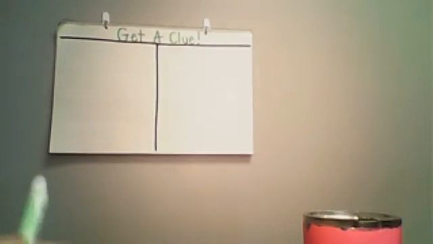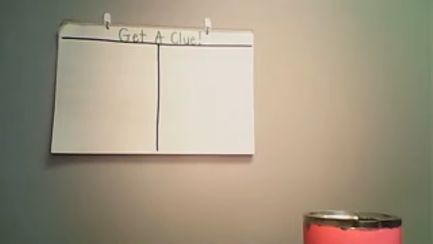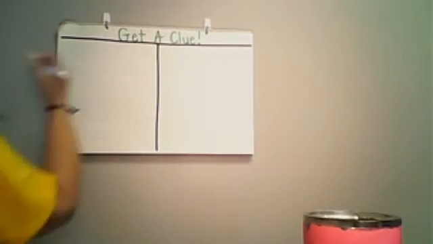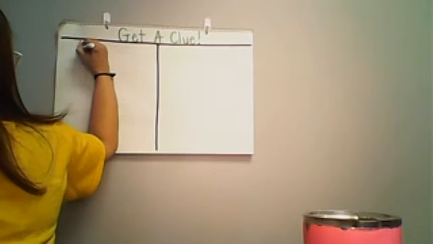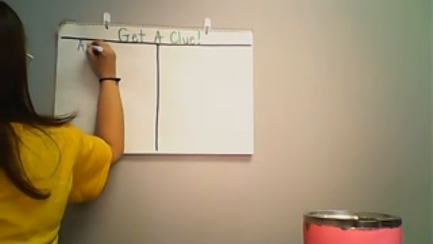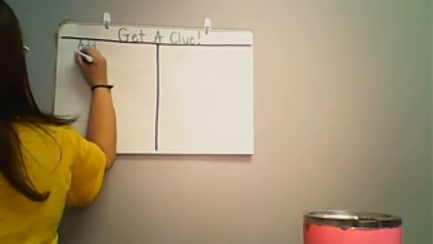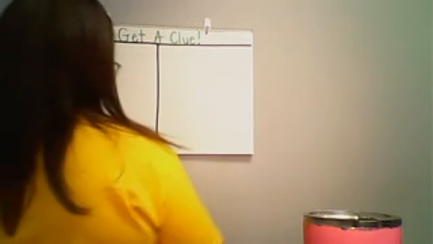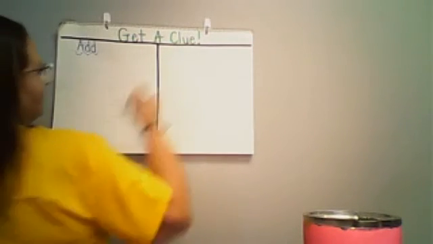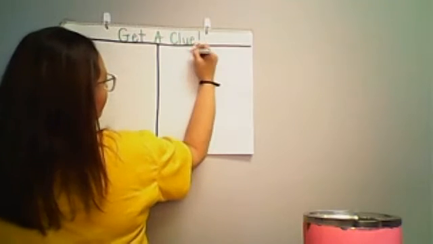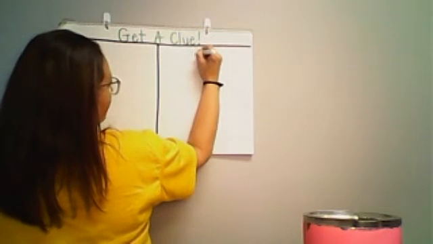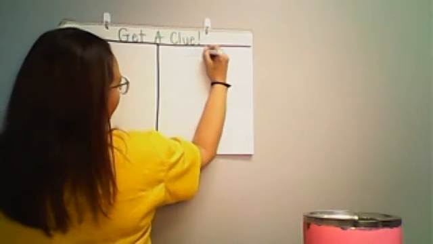And we need addition clue words and subtraction clue words. So we're going to put addition over here. So these are all words that are telling us that we need to add on this side. And then I'm going to put subtract over here.